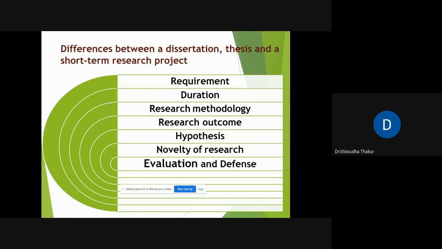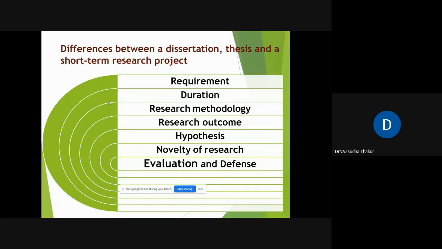Now research methodology: the sample size makes a difference. The sample size can be as big as possible in a dissertation and thesis, whereas in a short-term research project, the sample size can be quite low, as low as 100 or 150. Again, it depends upon the domain subject which you are choosing.